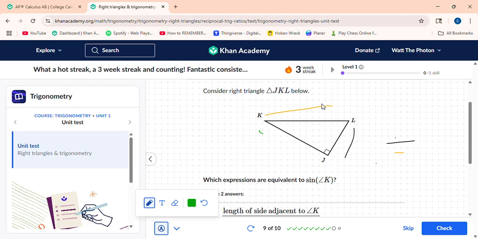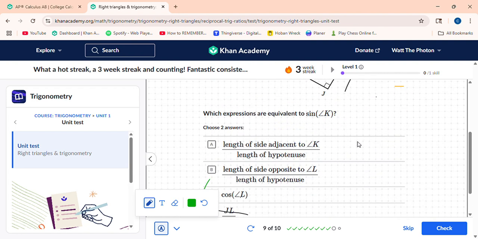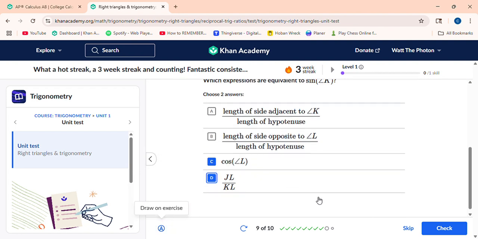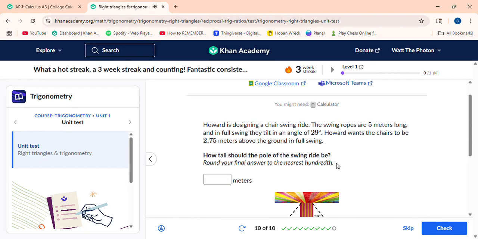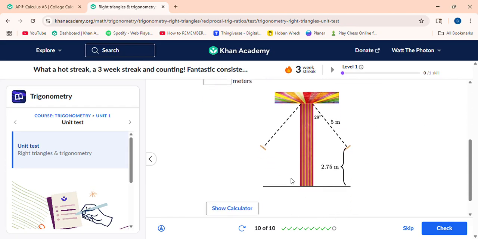Adjacent divided by hypotenuse, so that's correct. And then J to L, which is the adjacent divided by hypotenuse K. I think that's right.